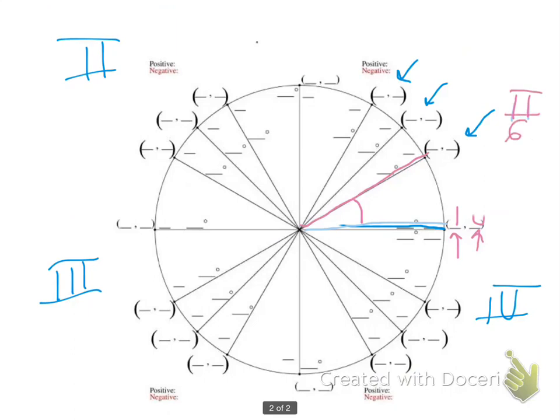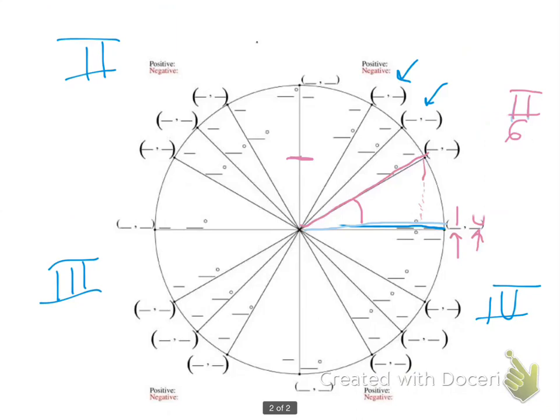And you can see that pi over 6 is wider than it is tall, right? Look at the height of this. It's very short compared to the width of this, right? The width of this, if you drop a triangle down here, would be somewhere right in there. So it makes sense that the cosine, which is all about the x, is going to be a larger number than sine. Okay, so I'll let you practice that.